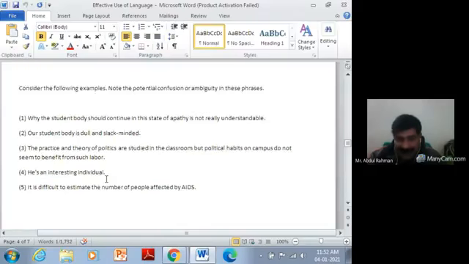Then the next example is: he's an interesting individual, right? It is difficult to estimate the number of people affected by AIDS, right? So with all these five examples, you can better have the idea of the value of using precise and clear language.